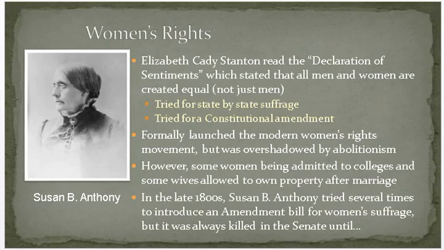What were they trying to do? They were trying to get state by state for women to vote passed in states. And they even tried for a constitution. It usually is seen as the beginning of the modern women's rights movement. But because slavery was going on at this time, slavery was kind of the big thing that a lot of these women focused on.